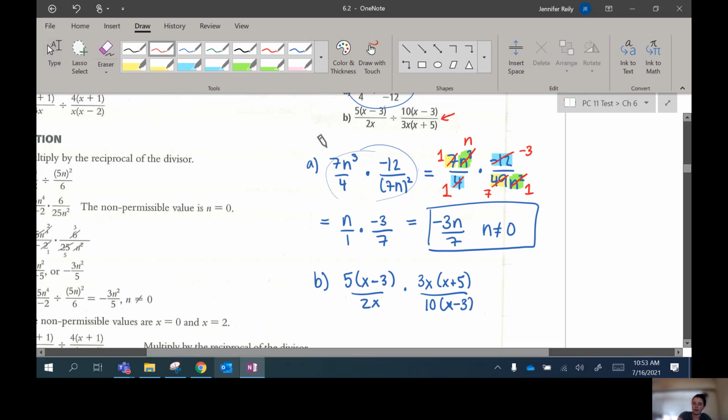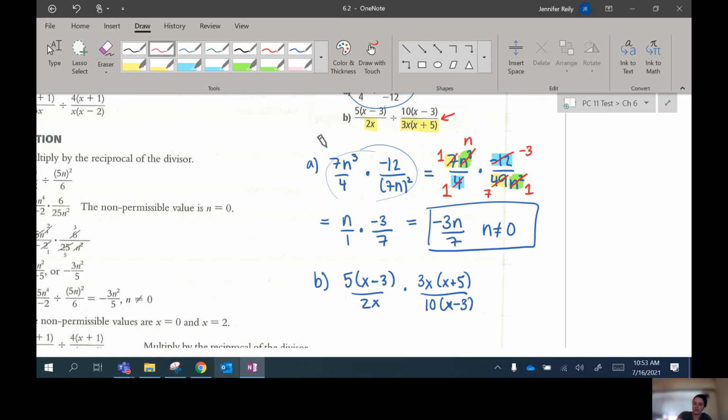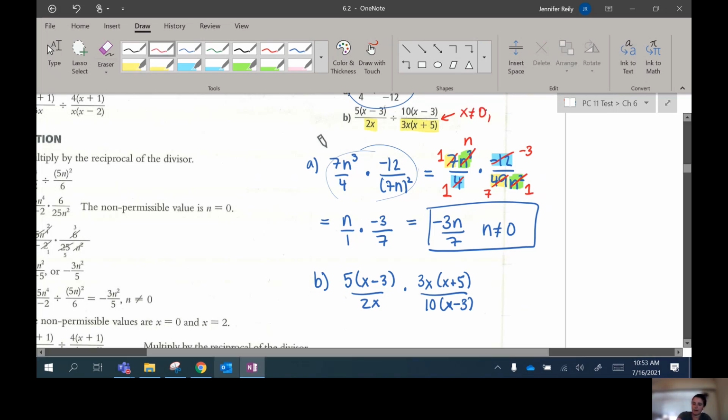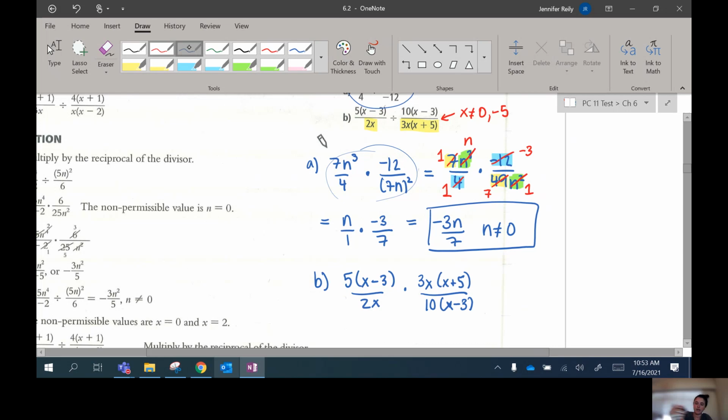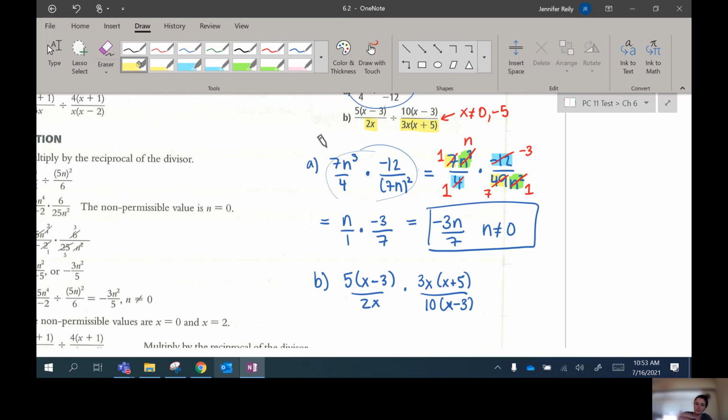The non-permissible values from this expression would be x cannot be 0 and -5. -5 would make this x plus 5 term 0, and 0 would make both denominators 0. But we also need to look at the multiplication expression and add one more non-permissible value, which would be 3.